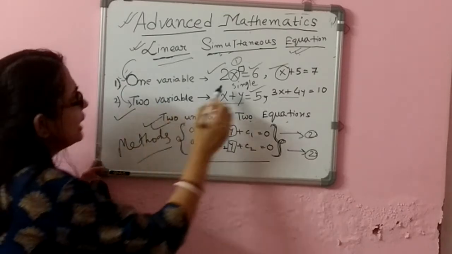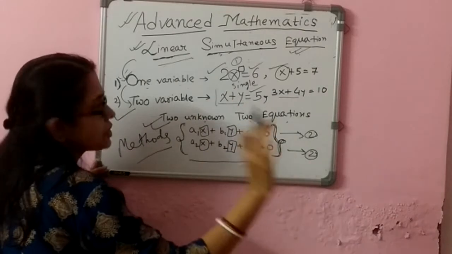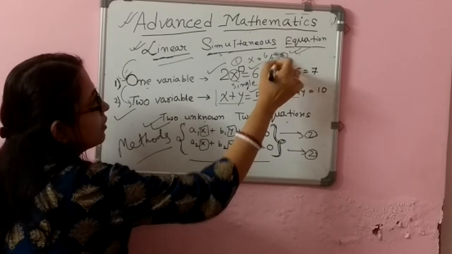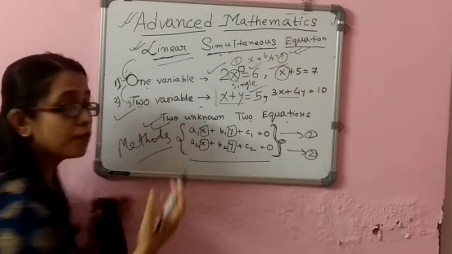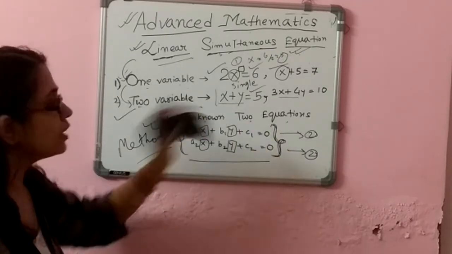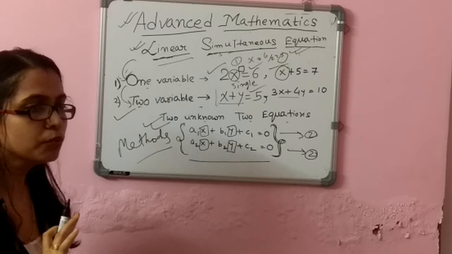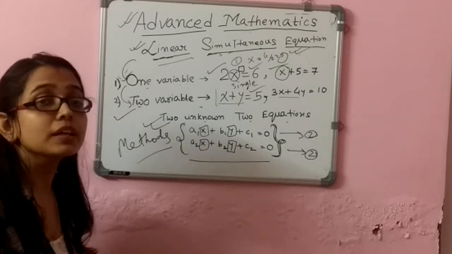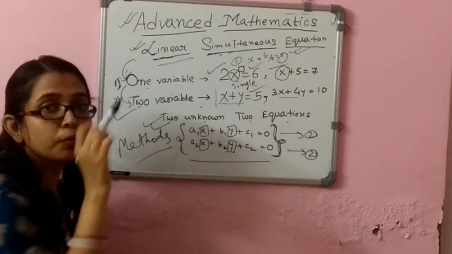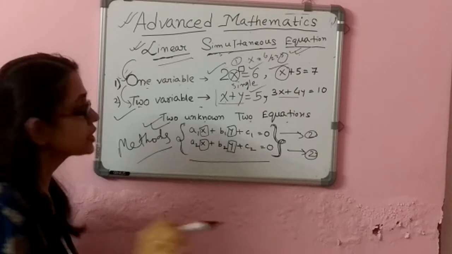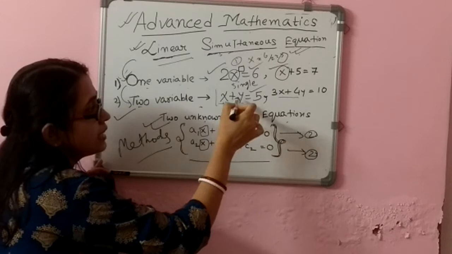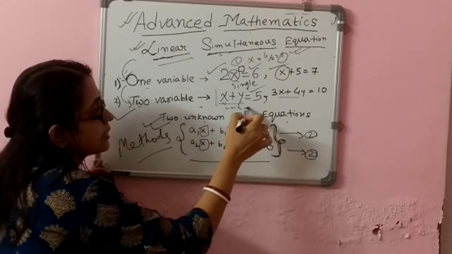Fine. A one variable linear equation is very easy to solve. Here we get x equal to 6 divided by 2, that is 3. And a two variable linear equation, how will we solve it? There is only one equation, but the unknown variables are 2. Here we just guess the values of x and y that satisfy the condition that whatever values we put for x and y, the left hand side should be equal to the right hand side.